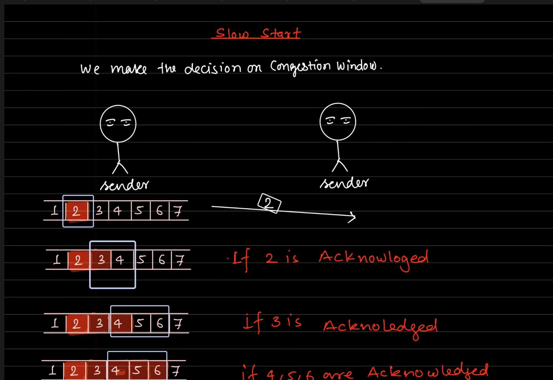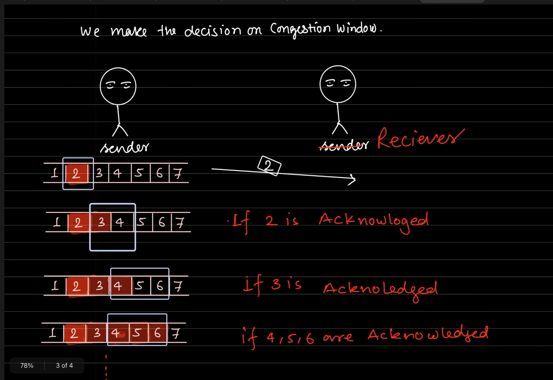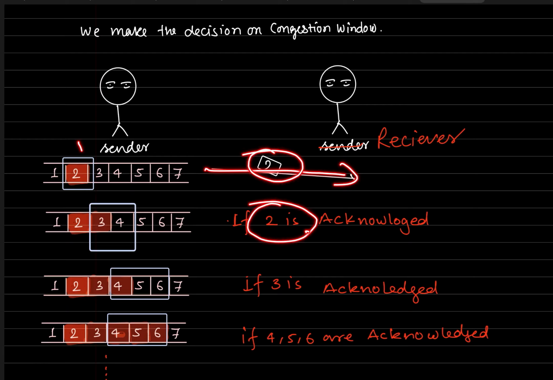Suppose we have a sender, and on the sender side we start from window size 1. Always start from window size 1, right? Suppose this is the packet which was sent and acknowledged, so that's why we start from here. Window size is 1, and we send 2 and get the acknowledgement of 2.